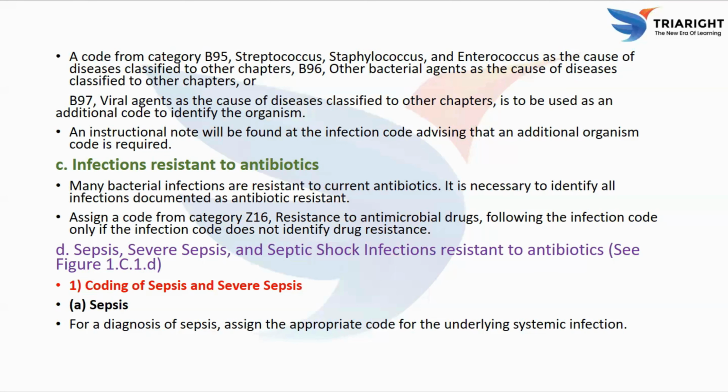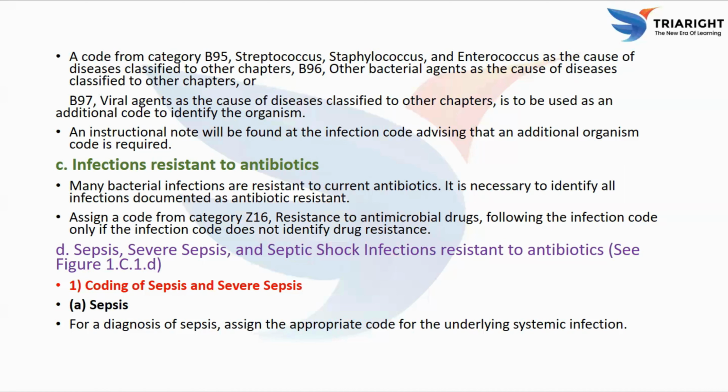Another example: the diagnosis in the record is sepsis due to streptococcus. Which code do you assign? A40.9, streptococcal sepsis. There is no need to add B95 because A40 already includes the organism, right? This is how you code sepsis.